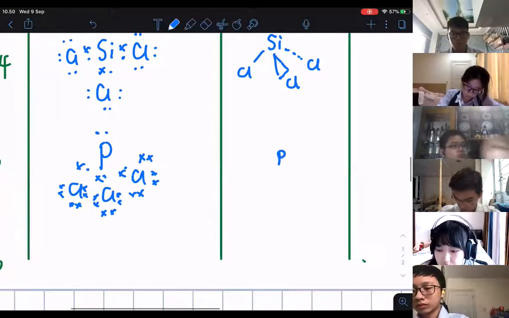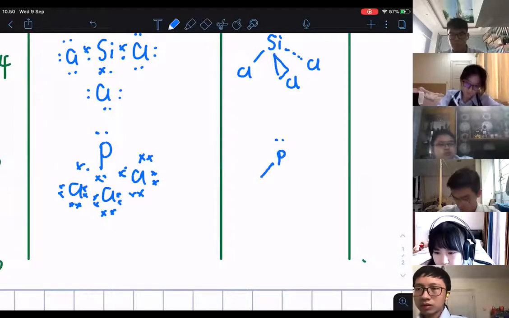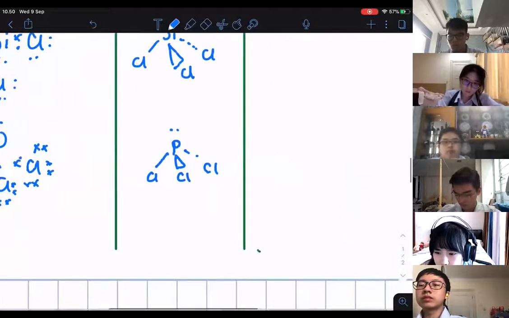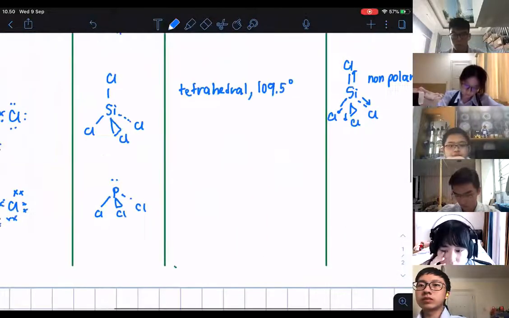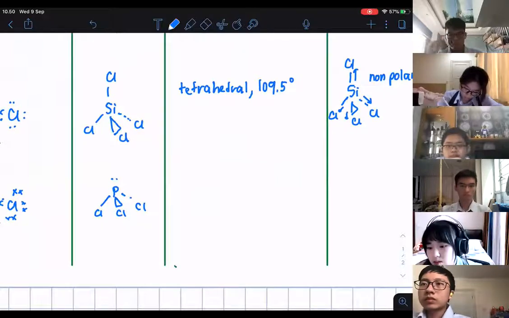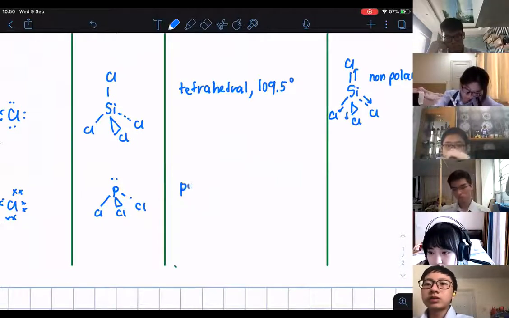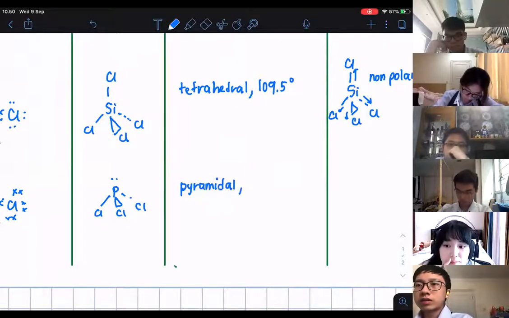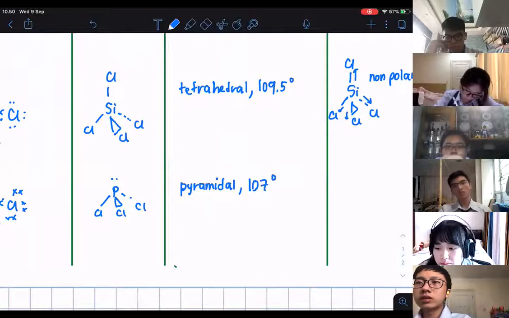I just want to show this one will look like this. Cl coming out, Cl dotted, Cl, similar to ammonia. So the shape is similar to ammonia. Ryan, what can you say about the shape? Pyramidal. Okay, very good, pyramidal. And what is the bond angle? 107. Yes, similar to ammonia.